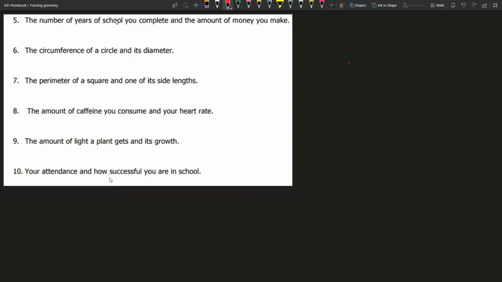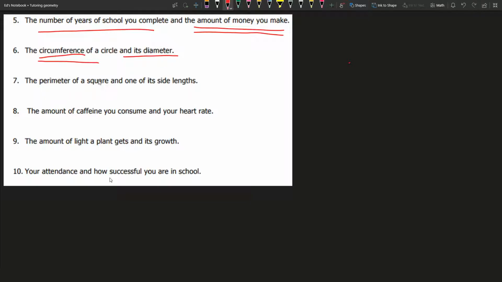But on average, the amount of money you make depends on the number of years of school you complete, so that's going to be double underlined because it depends. The circumference depends on the diameter. The circumference is how long around a circle is. It has a formula. It's called 2 pi r, or sometimes it's just pi times the diameter.